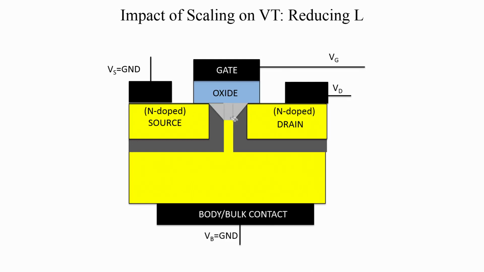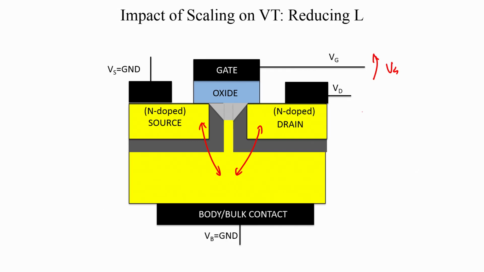Since this PN junction now takes up a larger share of the workload in trying to deplete, the gate has to do a smaller job, and therefore the gate depletes that region faster, at a lower VGS, as compared to the long channel device.